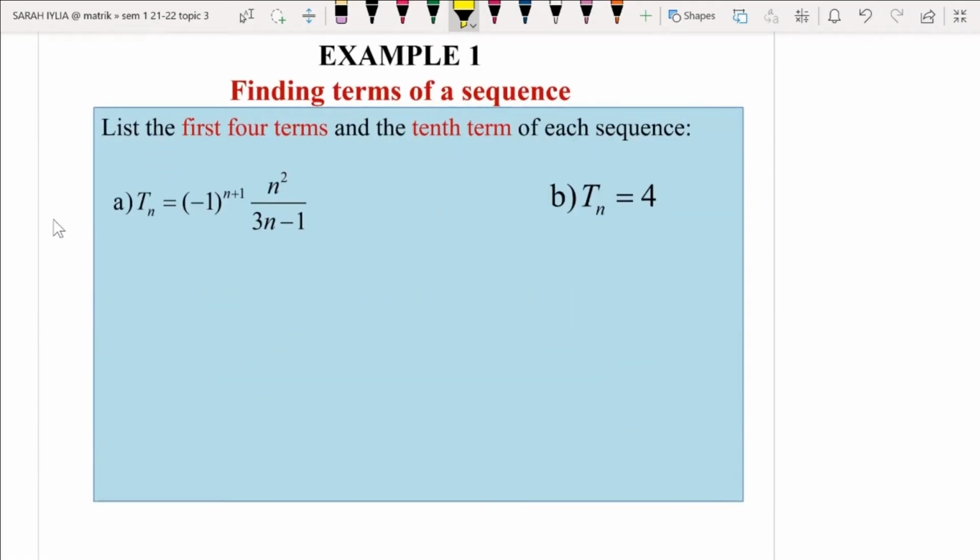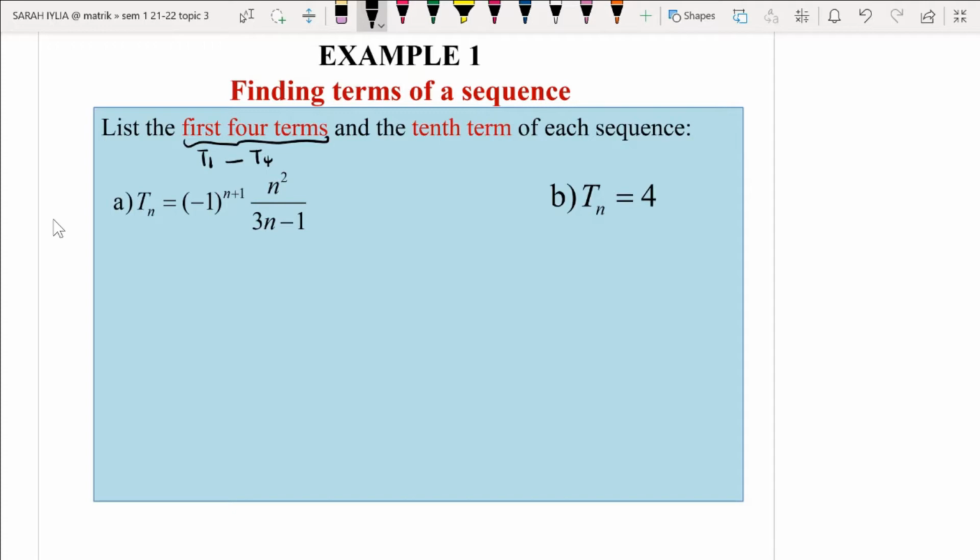Okay, kita terus masuk example 1. Find the first 4 terms and the 10th term for each of our sequences, provided that dia dah bagi equation tu siap-siap. For A, we have Tn equal to negative 1 to the power of n plus 1 times n squared over 3n minus 1. So, kalau kita nak cari first 4 terms, ini maksudnya dia nak daripada first term up to fourth term.